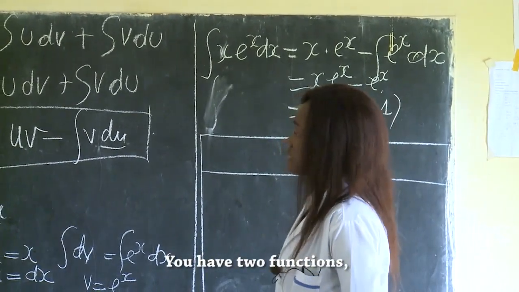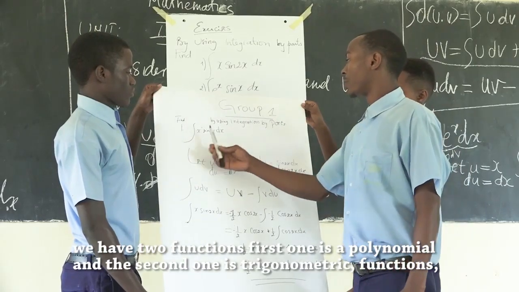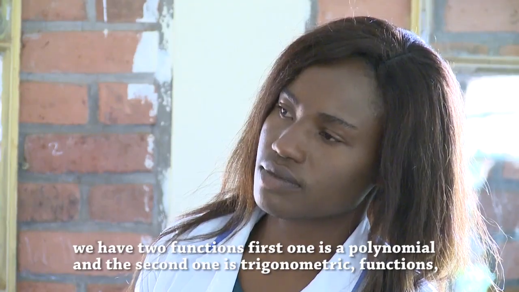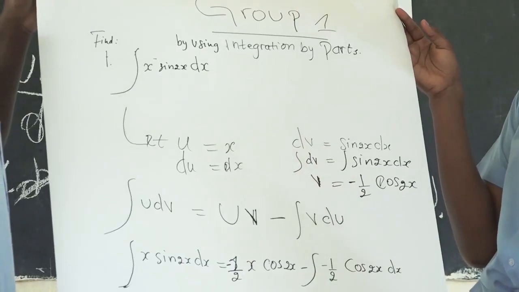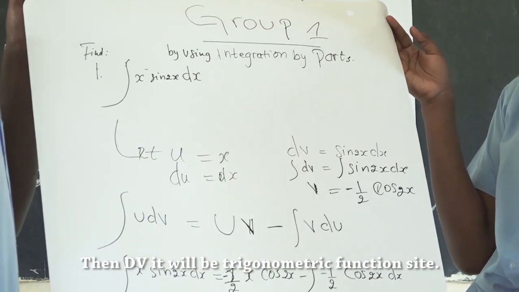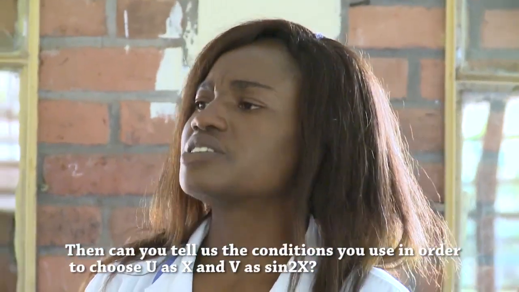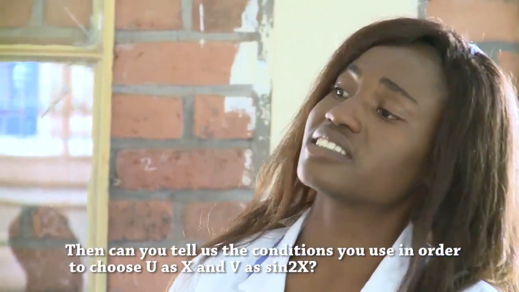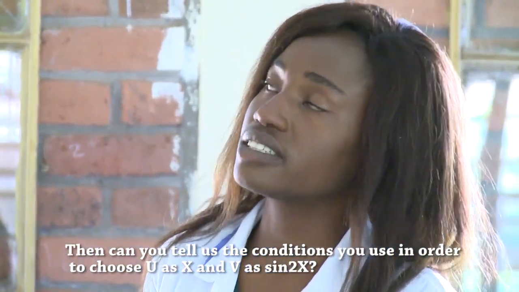We have two functions. The first one is a polynomial and the second one is a trigonometric function. Then dv will be the trigonometric function. Can you tell us the conditions you use in order to choose u as x and dv as sin 2x?